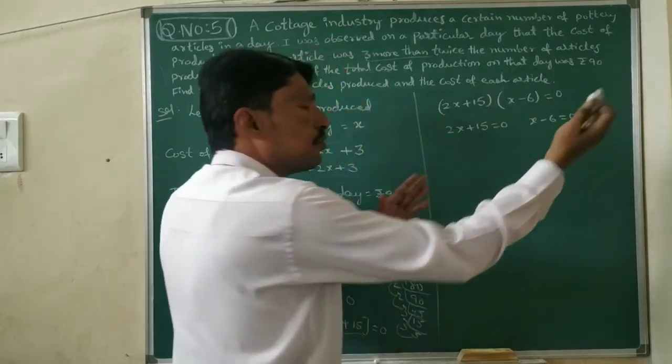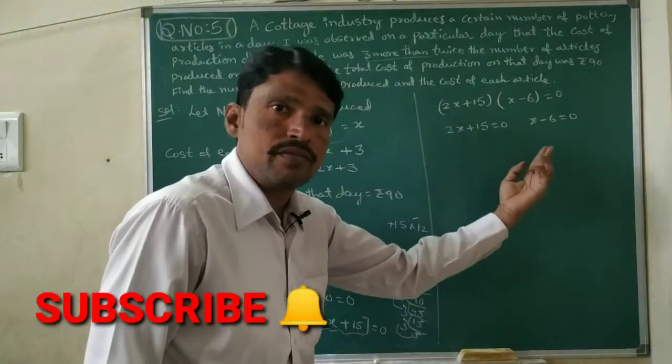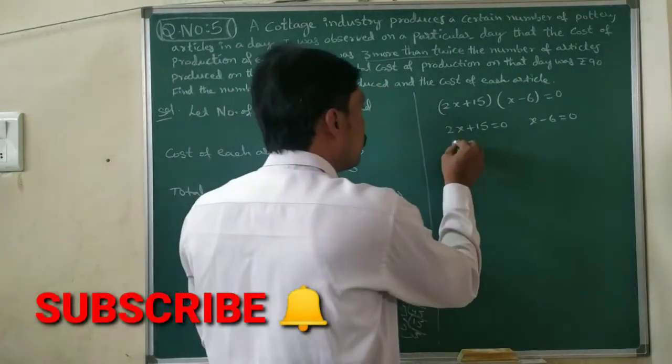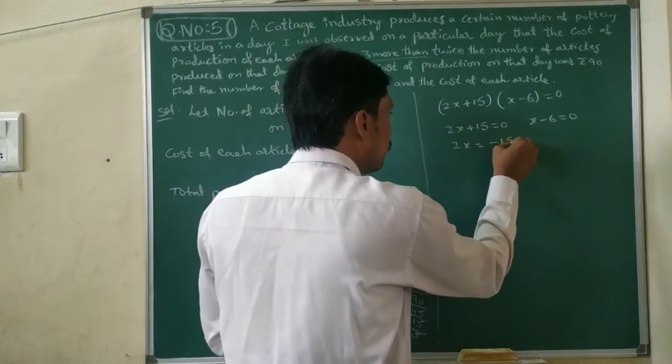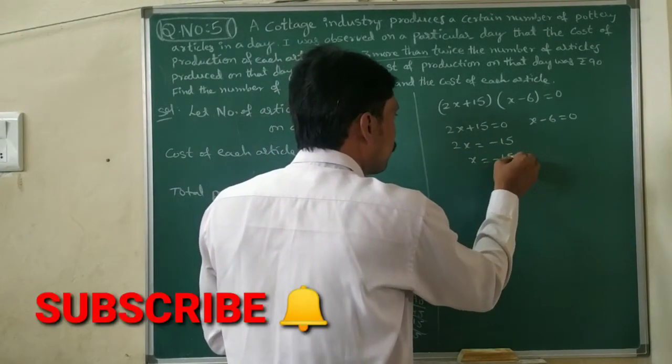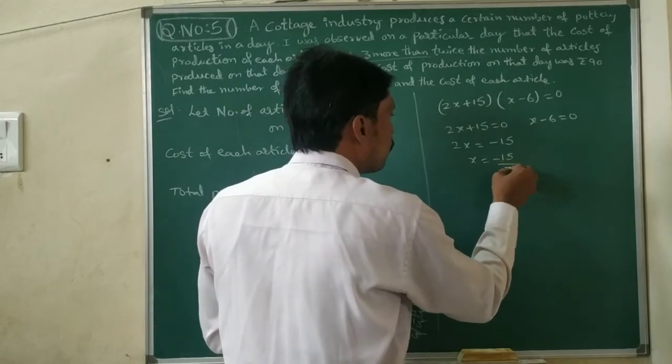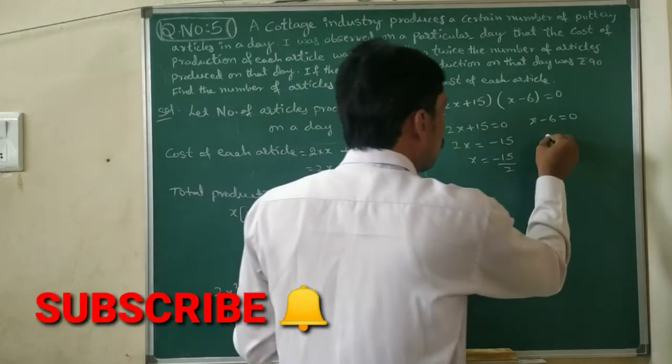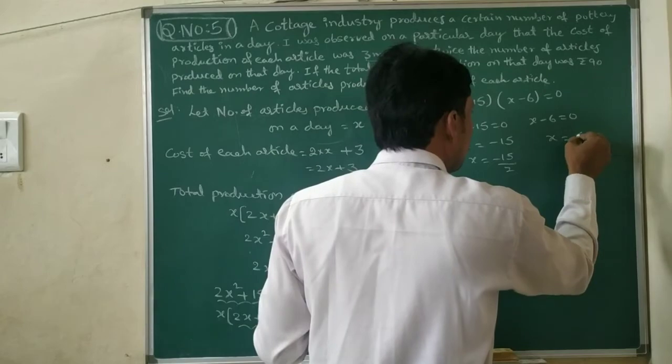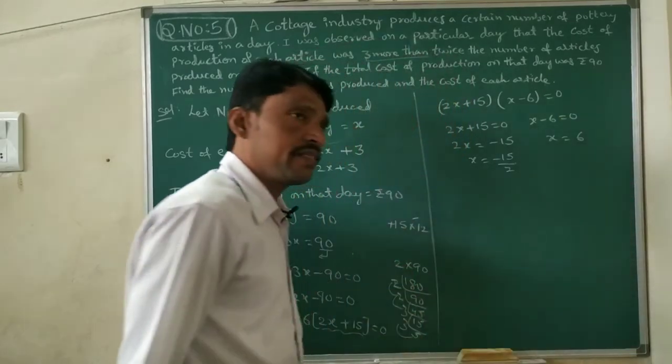This plus 15 you transpose and it becomes minus 15. So 2x equal to minus 15, x equal to minus 15 by 2, transposing the 2. And x equal to plus 6, since minus 6 becomes plus 6.